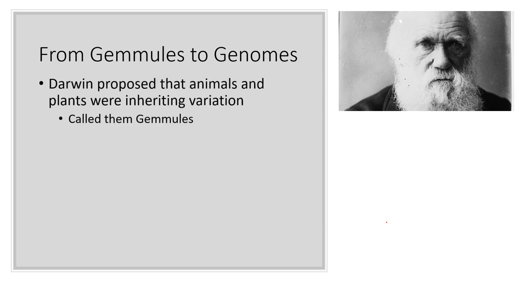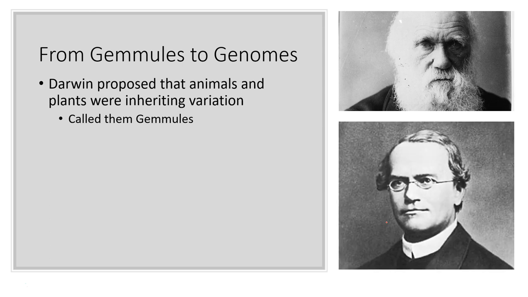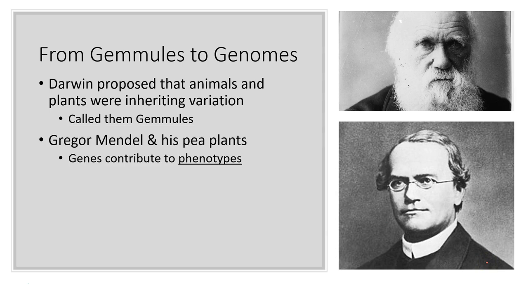What's interesting is that around the same time, this guy over here, an Austrian monk named Gregor Mendel, was trying to determine the unit of inheritance. He was studying pea plants to figure out how characteristics are inherited. He figured out that some traits were suppressed and others were expressed in subsequent generations, leading to situations where variable heritable differences existed in shape and color.